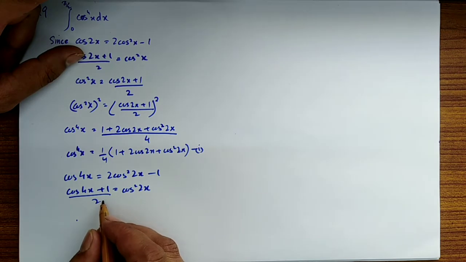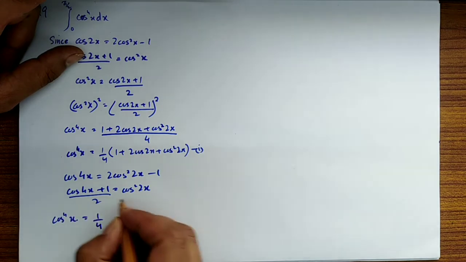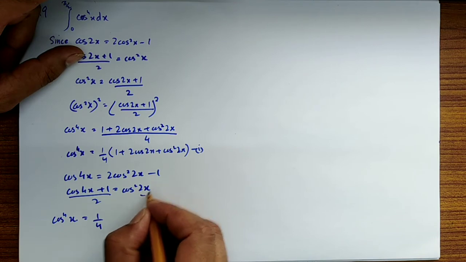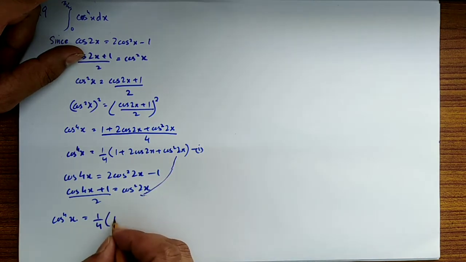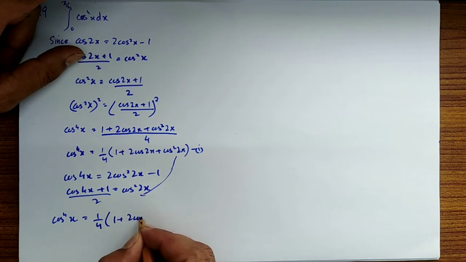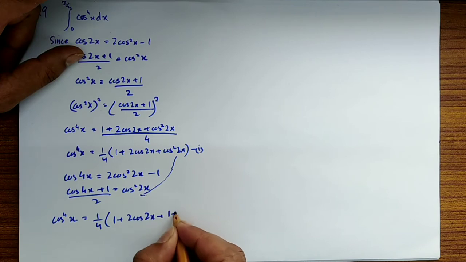What we can get? We can get that cos power 4 x equals 1 upon 4. We are going to substitute this value right here. So 1 upon 4, that is 1 plus 2 cos 2x plus 1 plus cos 4x.